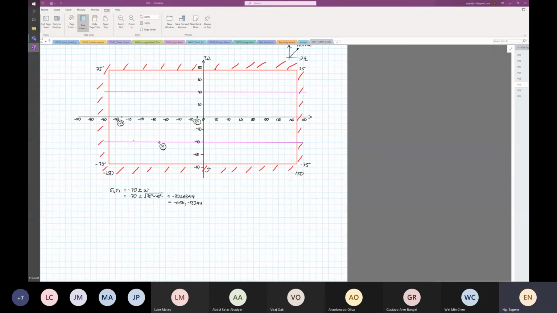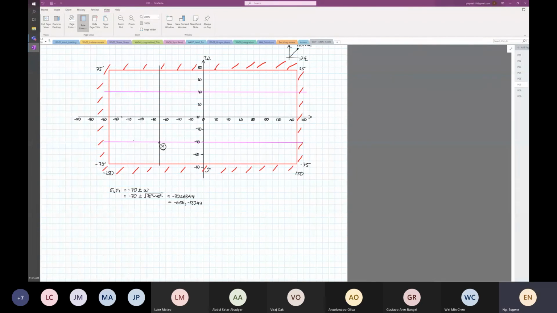So now we have precisely calculated where our stress average is. One of our values, 6.56, is somewhere around here.